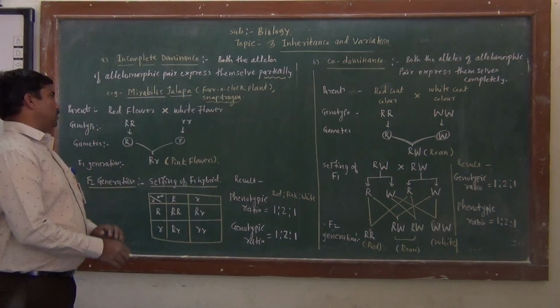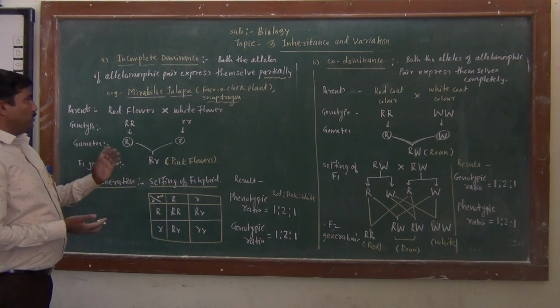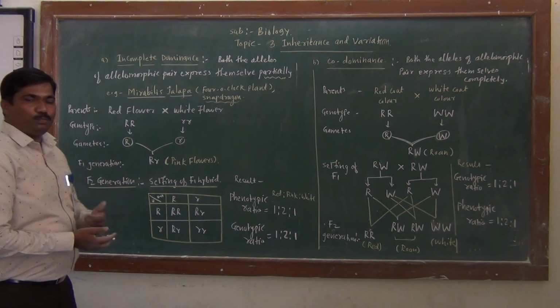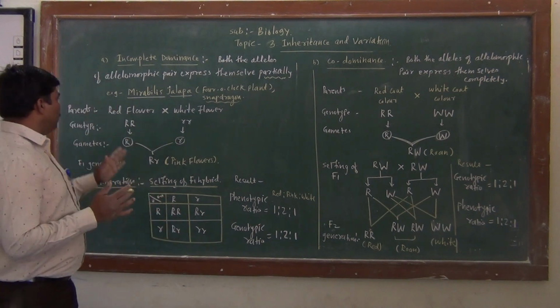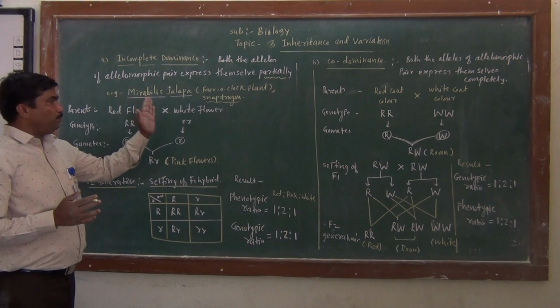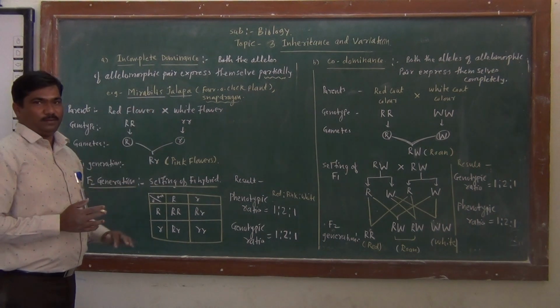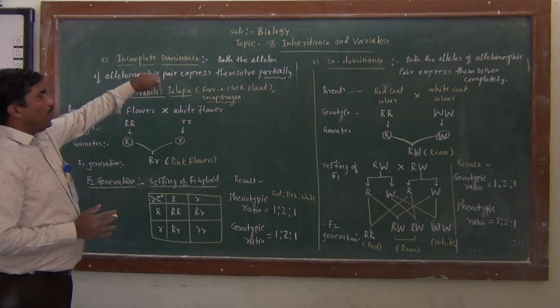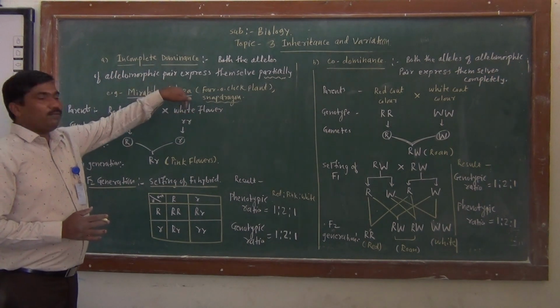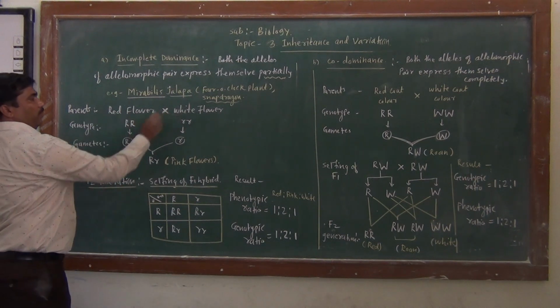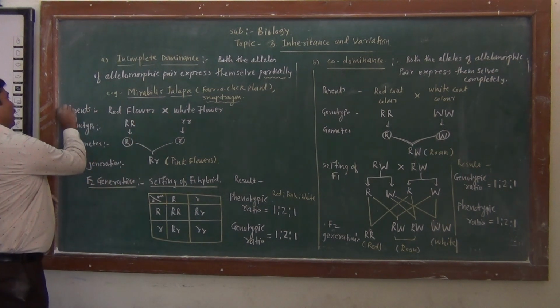If you cross the flowers of two Mirabilis jalapa plants, one plant having a red flower and another plant having a white flower, these are the parents.